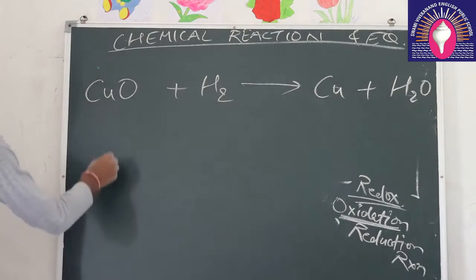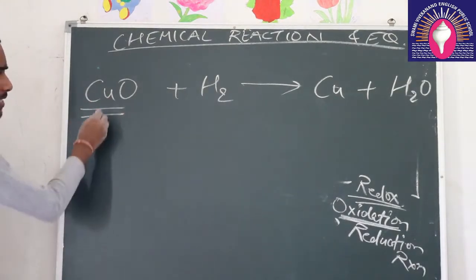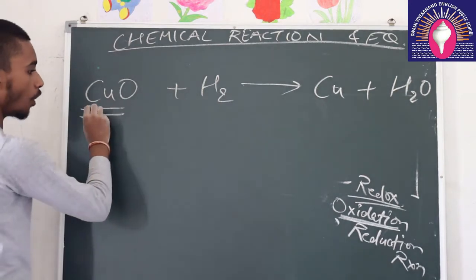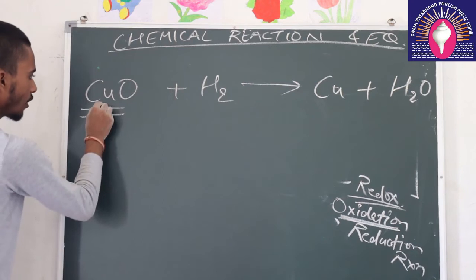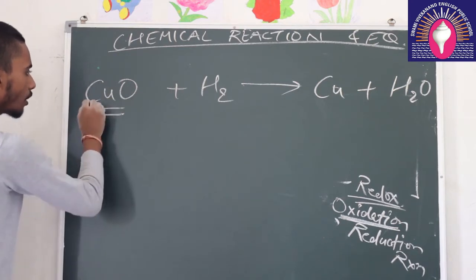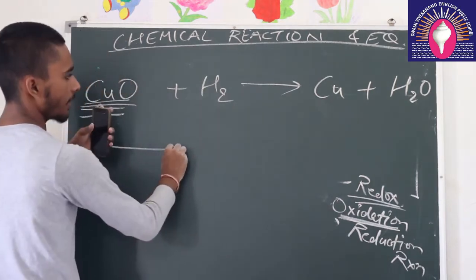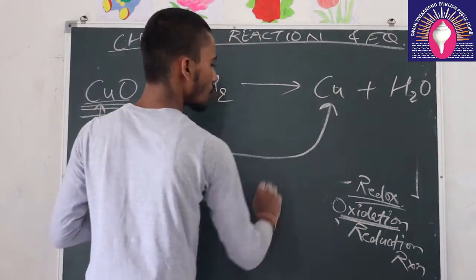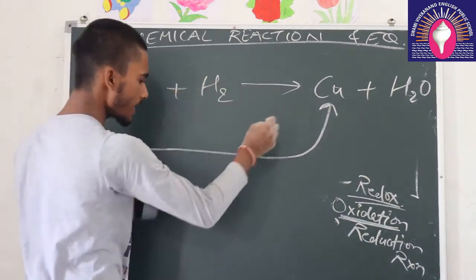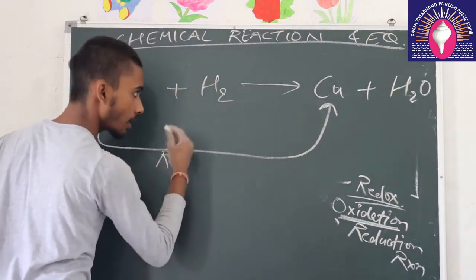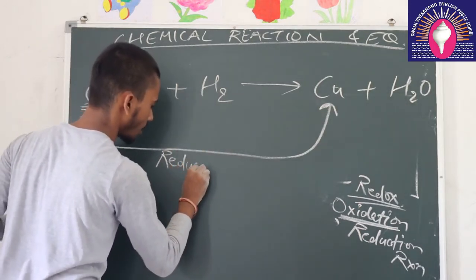Here we see copper oxide is losing oxygen, so it is getting reduced. Reduction is taking place for copper oxide. Here this copper oxide is transformed into copper, so we can say the conversion of copper oxide into copper is reduction, because it is losing oxygen.